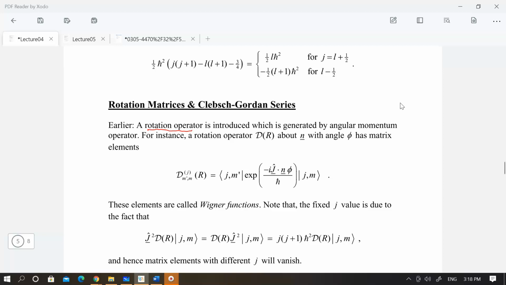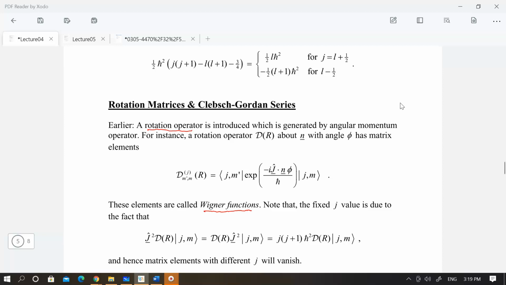So this is essentially what we have defined before as the Wigner functions for rotation. Okay, and usually what happens is we fix this particular J. Why is this so?